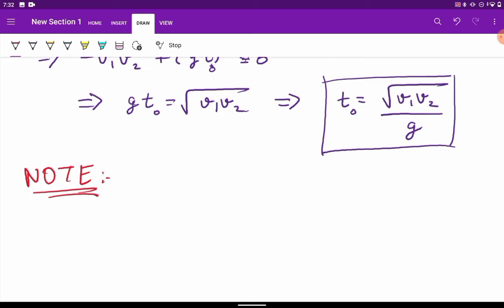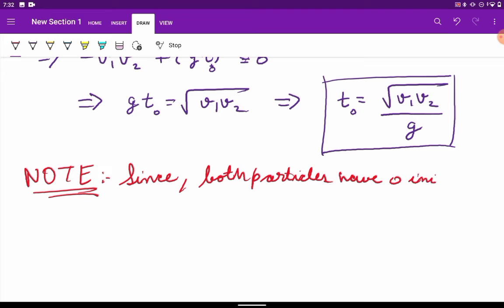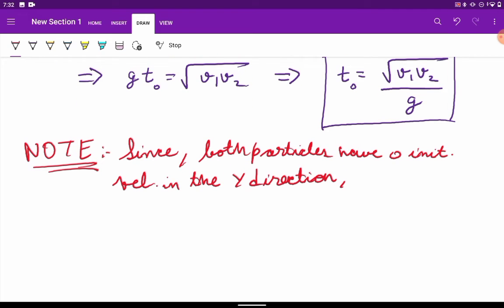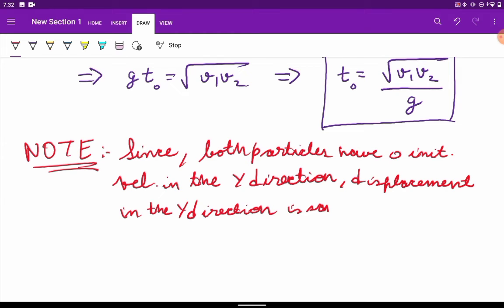Since both particles have zero initial velocity in the y direction, the displacement in the y direction is the same for both.